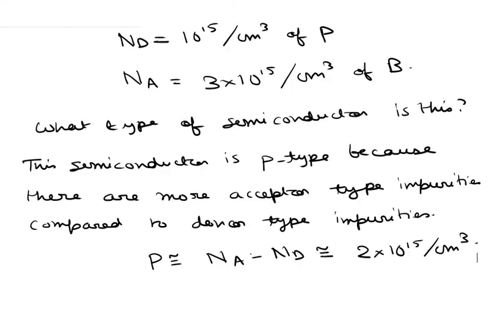Now, if you have the question in mind of why the concentration of holes in this semiconductor is equal to Na minus Nd, this is because we have Nd equal to 10 to the power 15 per centimeter cube, which contributes 10 to the power 15 per centimeter cube extra electrons.